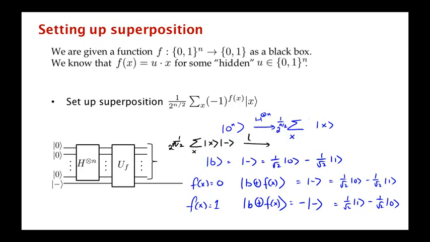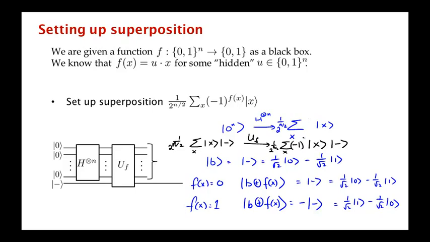And now when we compute u sub f, we'll go to sum over all x, 1 over 2 to the n over 2. And then we still get x, we still get minus, except that whenever f of x equal to 1, we pick up a phase of minus 1.